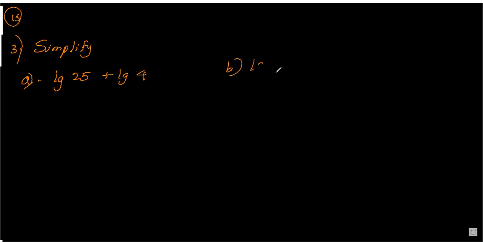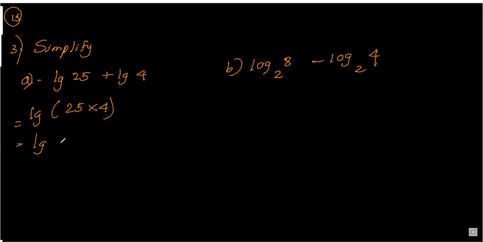So we can write, with base 10, LG means 25, and addition in between, so you can multiply. LG of 25 into 4 is 100. This means you can write 100 as a power: LG of 10 to the power 2. LG means base 10, so it's 10 base 10 to the power 2.